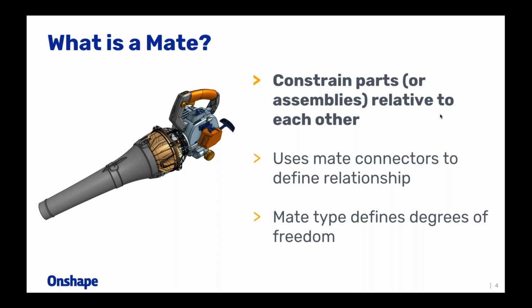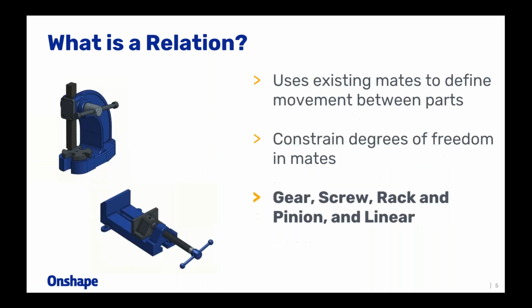And the reason I bring this up in this webinar is it's important to understand the difference between this and a relation. A relation in Onshape uses or creates a relationship between mates, right? Think of parts that interact with one another. An arbor press or a machine vise are two good examples of that, where you have a base part and a part that moves up and down relative to it.